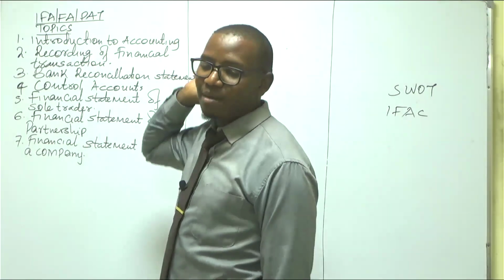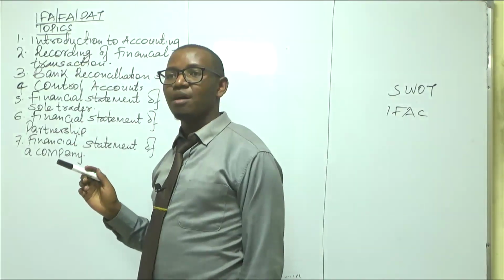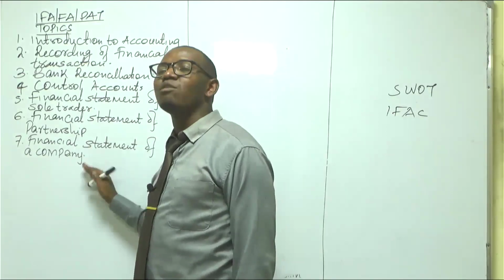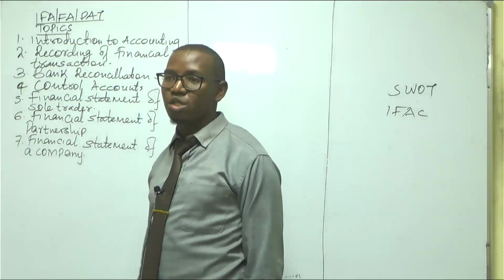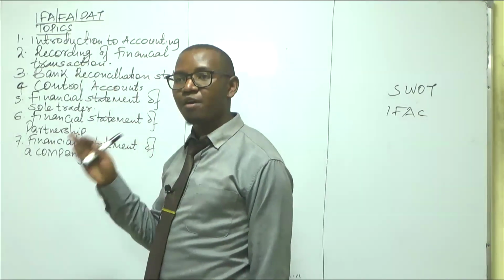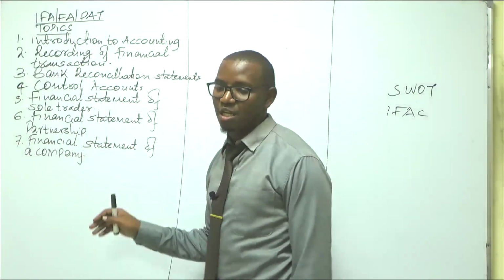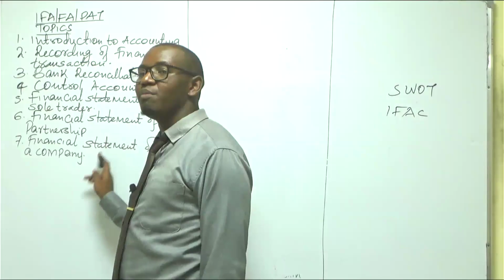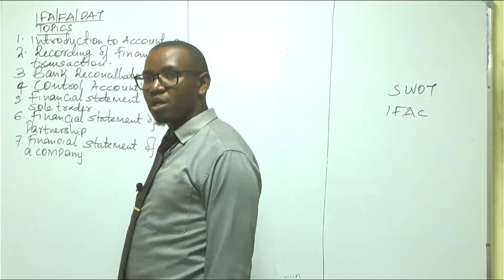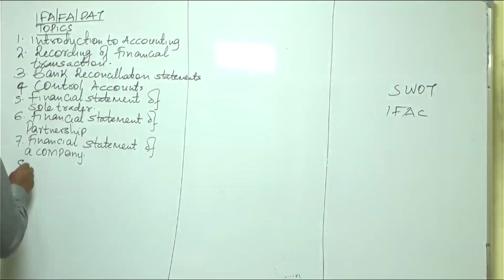Now, private company, we are talking about the unlisted company. Sawa. Those companies that cannot invite the members of public to invest in those shares, we call them the private company. So in our case, we'll just be doing it in general. What are the financial statements that are required to be maintained by those companies?